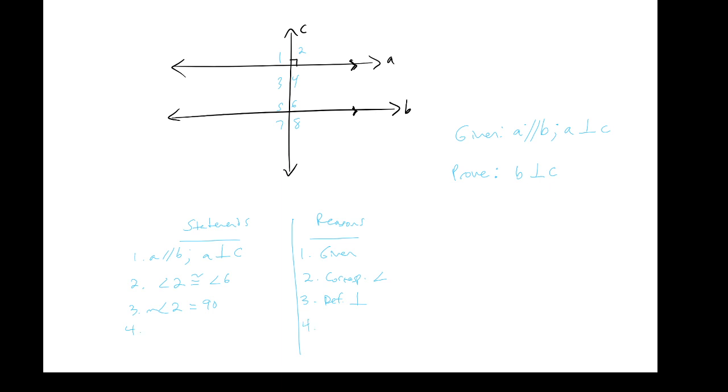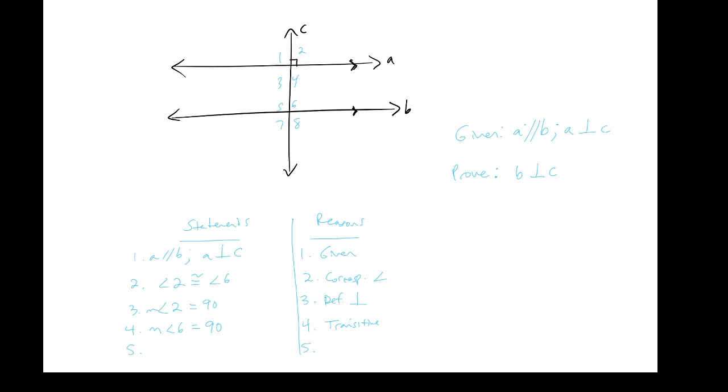Is that it creates right angles. So then we could say the measure of angle 6 is also equal to 90. Why? Well, if 2 is congruent to 6 and 2 is equal to 90, then 6 is also equal to 90 because of the transitive property. Right? Not technically that substitution. It's like a 3-part substitution here.